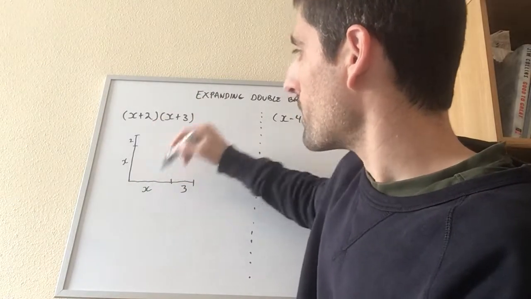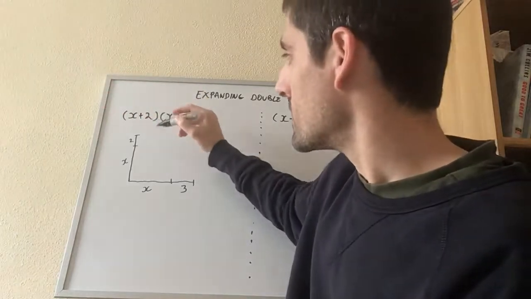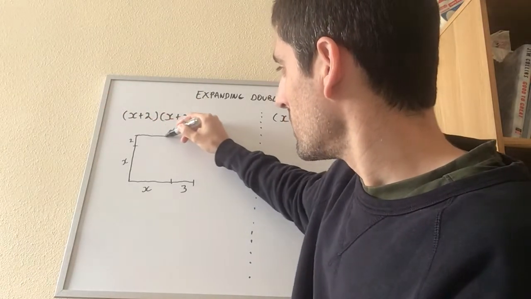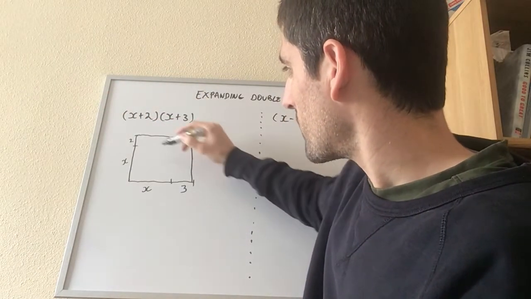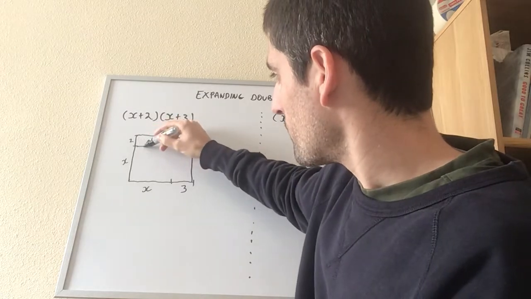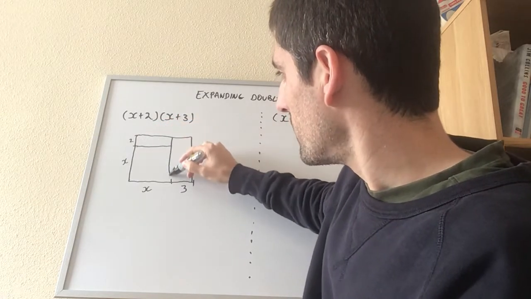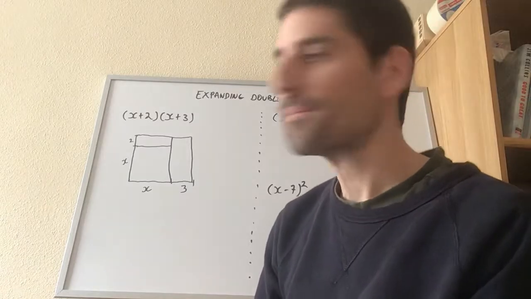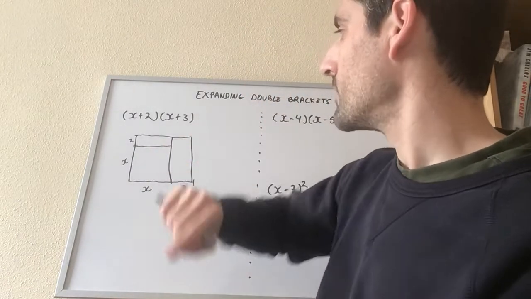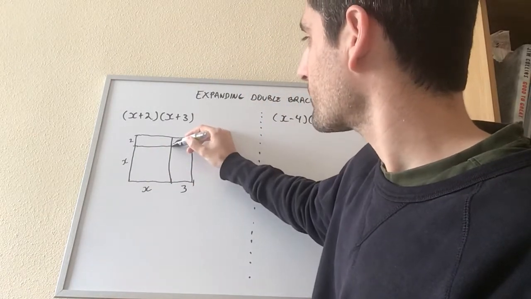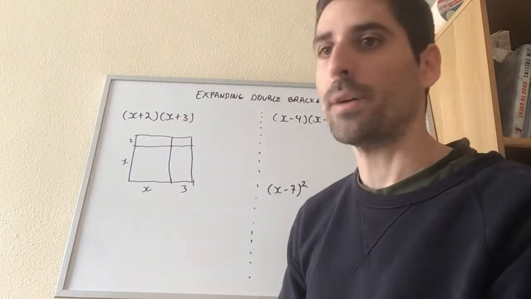And what I've got when I multiply them, think about it, is like a rectangle. And that rectangle is going to have 4 sections. Now, we're trying to find the areas here. So I'm going to have 4 areas to find.